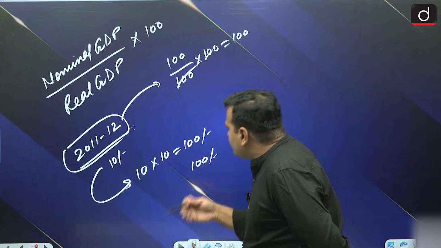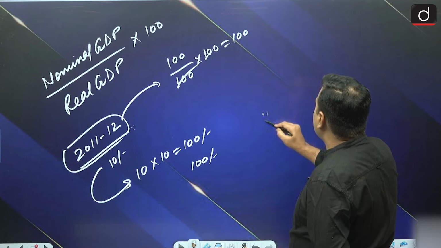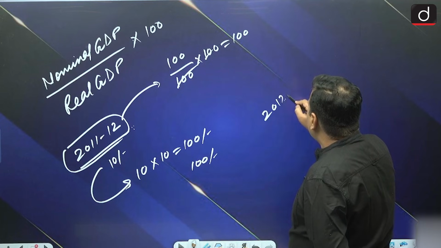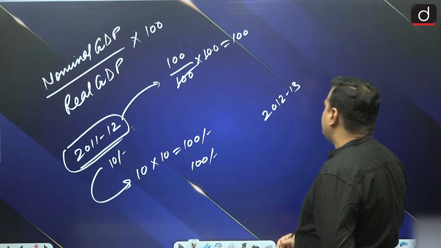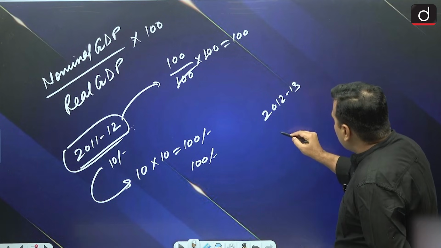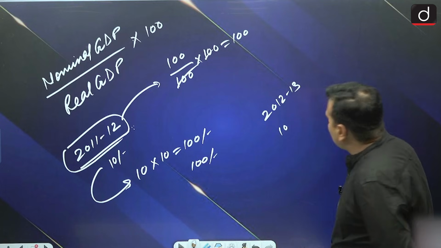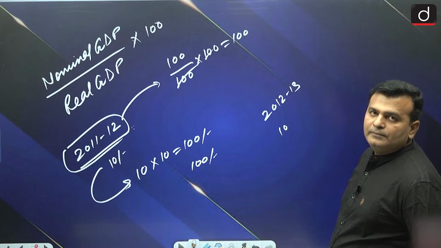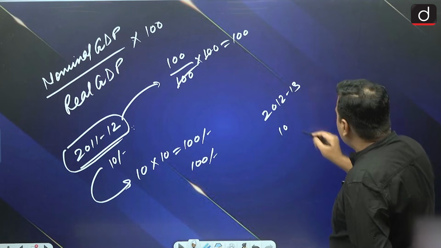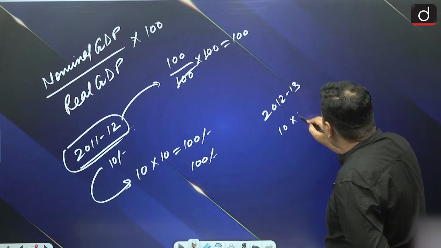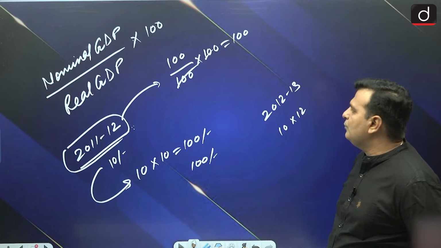Now coming to the next financial year, that is 2012-13. Suppose India again produced only 10 cars and the price of each car increased to 12 rupees.